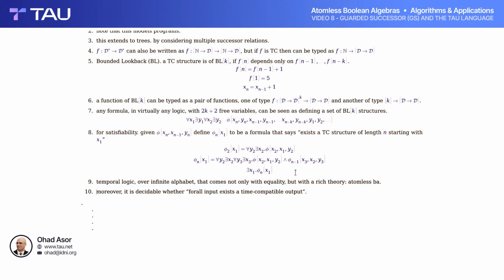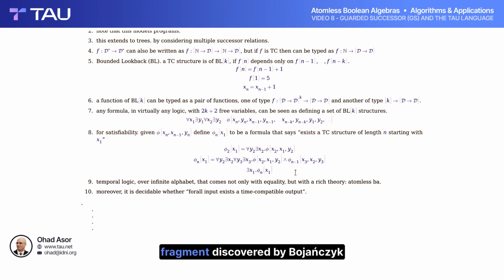There is one temporal logic over infinite alphabet, which is a certain kind of the two-variable fragment, discovered by Boyanchik, where he showed that with equality, we still maintain decidability. However, here it's not only equality. And moreover, you can prove that for all input there exists a time-compatible output.